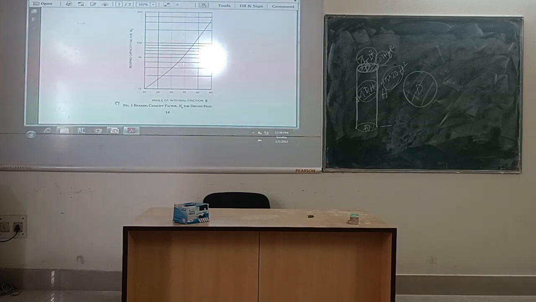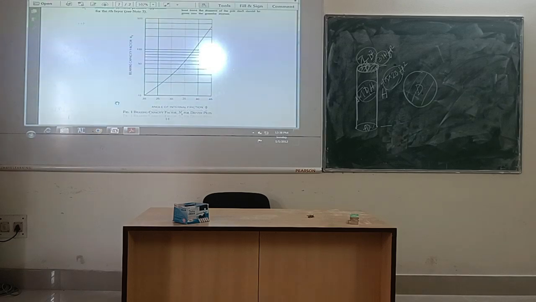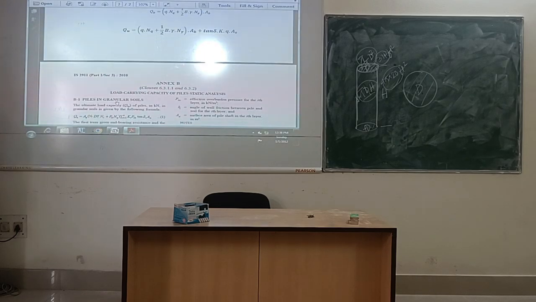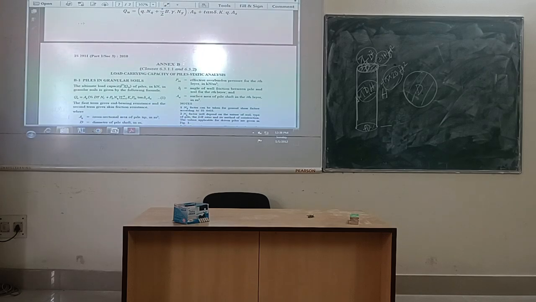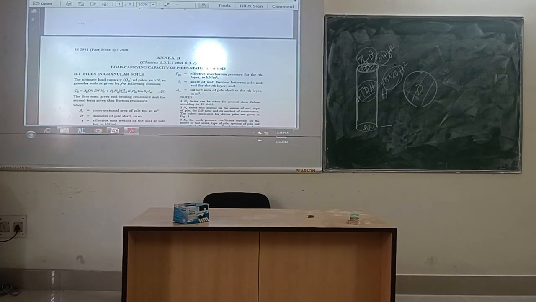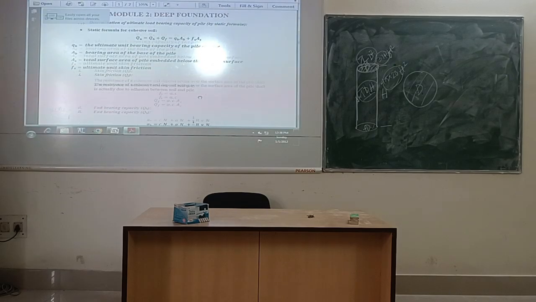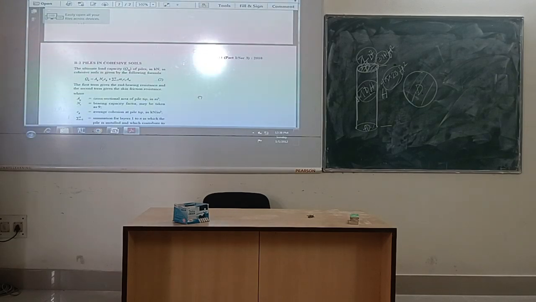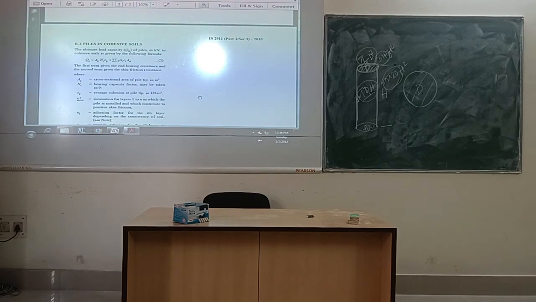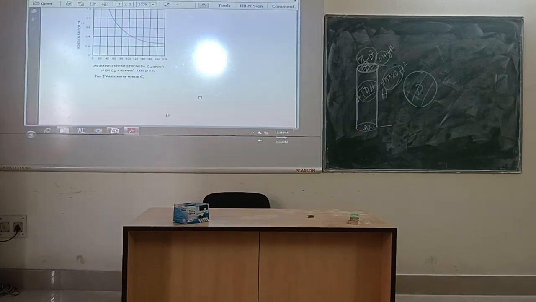Total thing you have to refer, and this is for granular soil, that is the cohesionless soil. Another part is there, that is the cohesive soil, and the page number is 15.